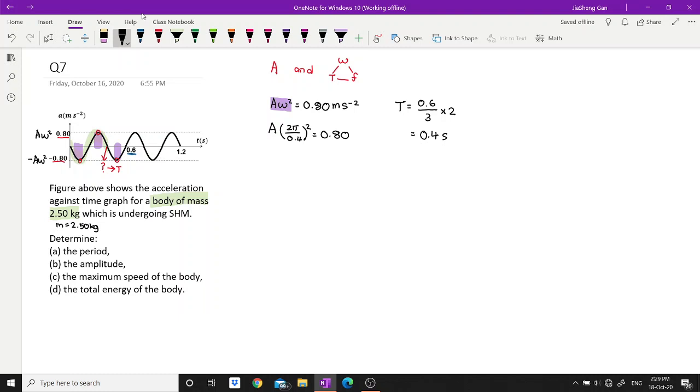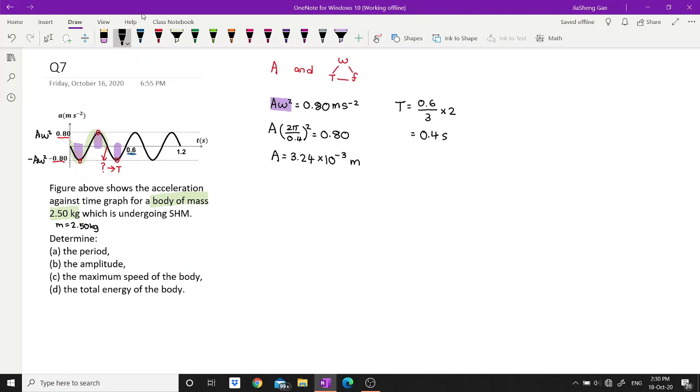We substitute the omega because we know T. If you know T, we are able to get omega using 2 pi over T. So if we move everything around, we'll be able to obtain A, which equals 3.24 times 10 to the power of -3 meter.